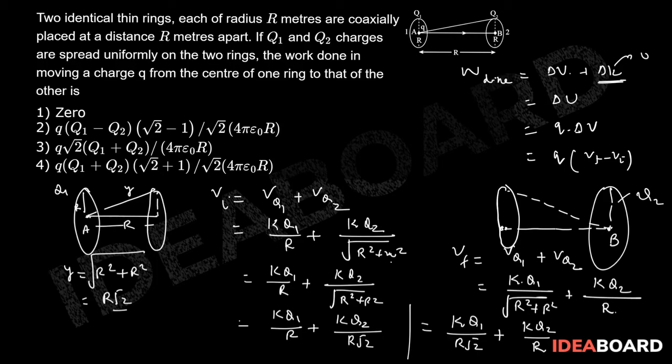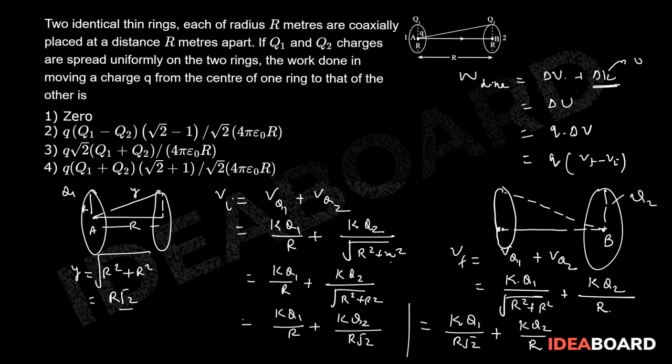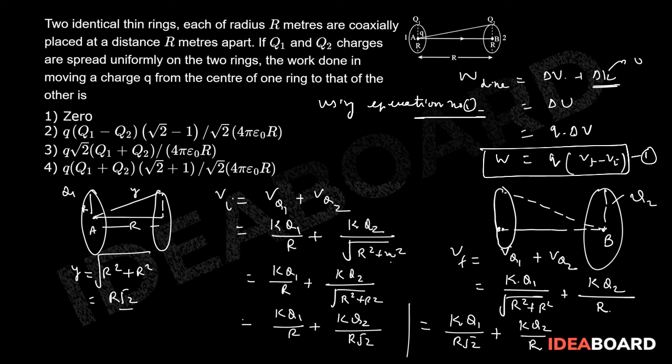Now what are the final values? For this, you can use equation number 1. Using equation number 1, put the values of V initial and V final, and we get our answer.